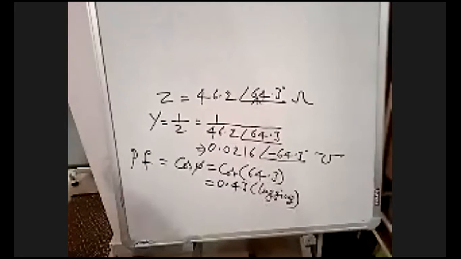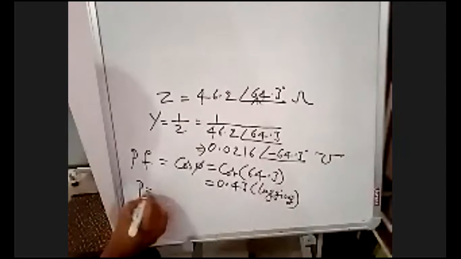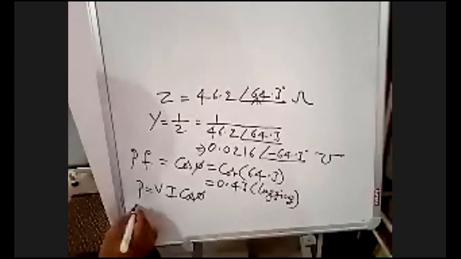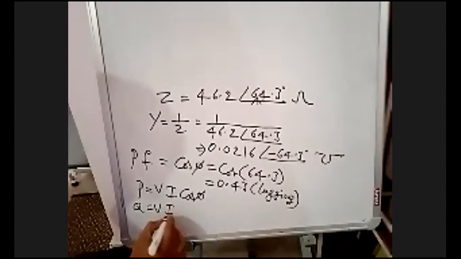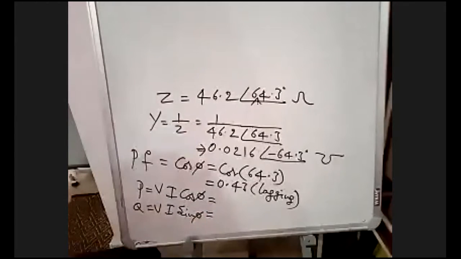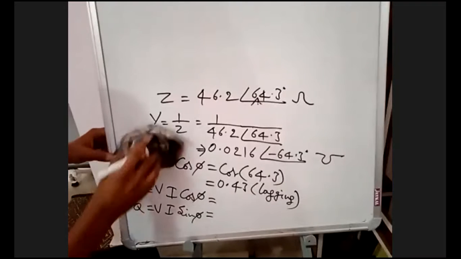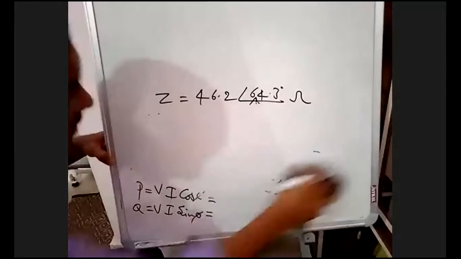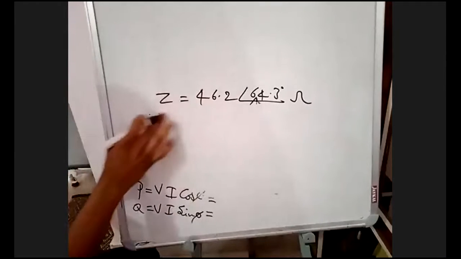The next is active power and reactive power. Active power P is equal to VI cos phi and Q is equal to VI sin phi. Do you know the voltage? It is 230. What is the current? We don't know the current. First, I will determine the current.